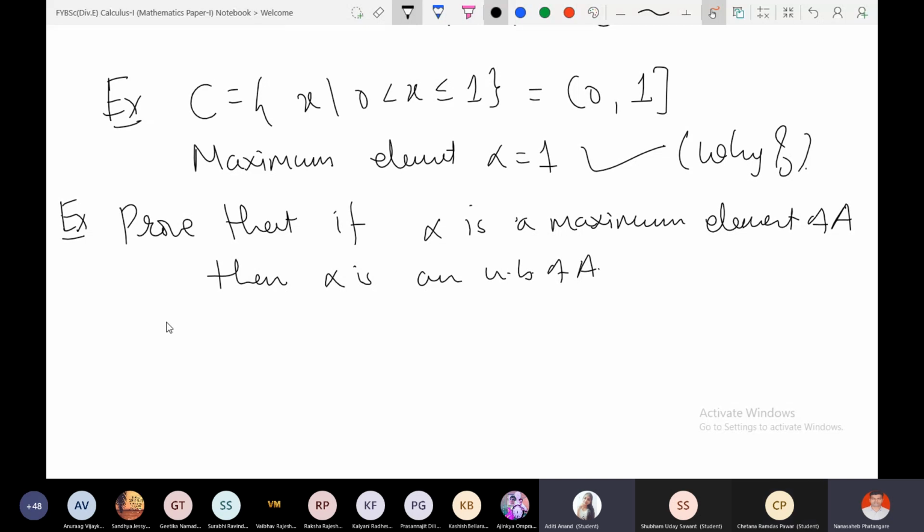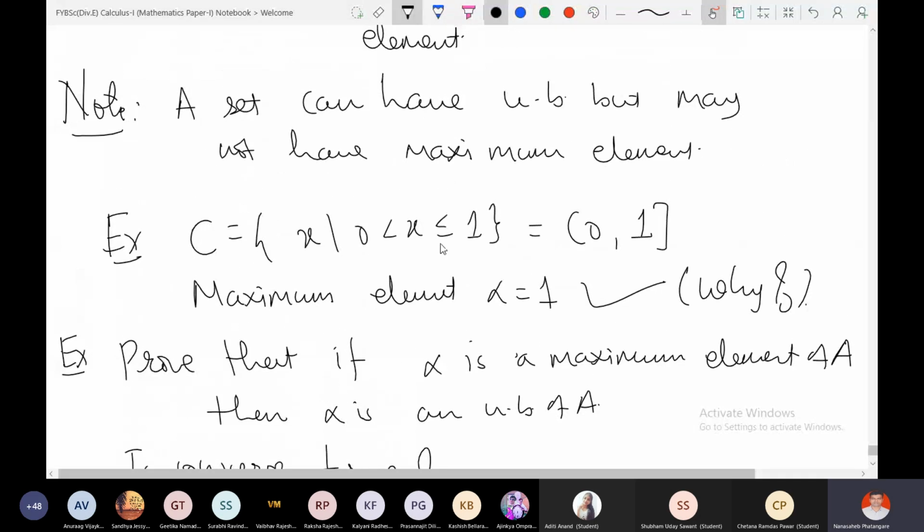Yes, sir. So is the converse true? What is the converse of this statement? The converse is not always true. An upper bound may not be a maximum element.